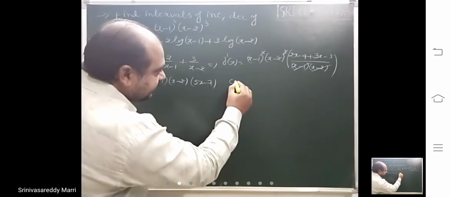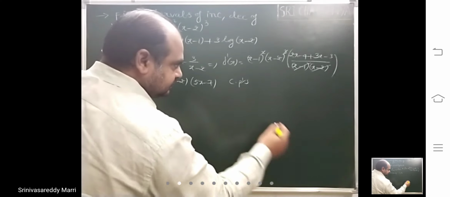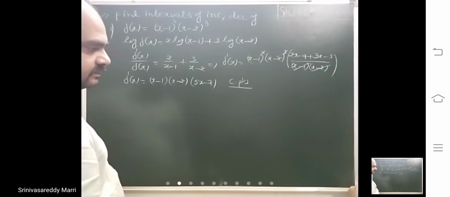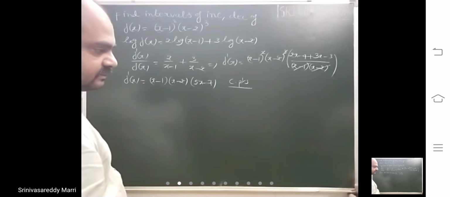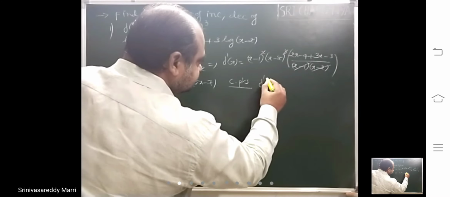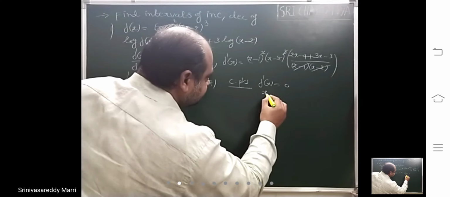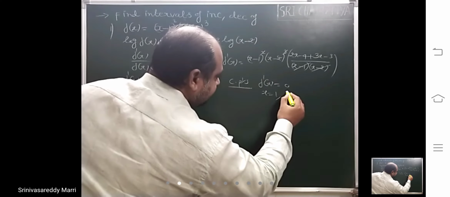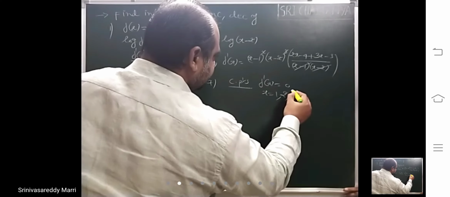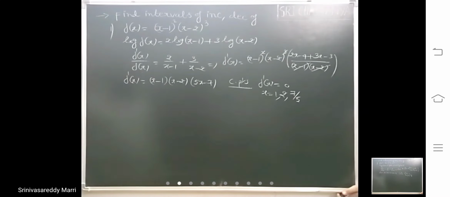So now critical points. Critical points, that means f dash x equal to 0. F dash x equal to 0 means you will get x equal to 1, 2, 7 by 5.